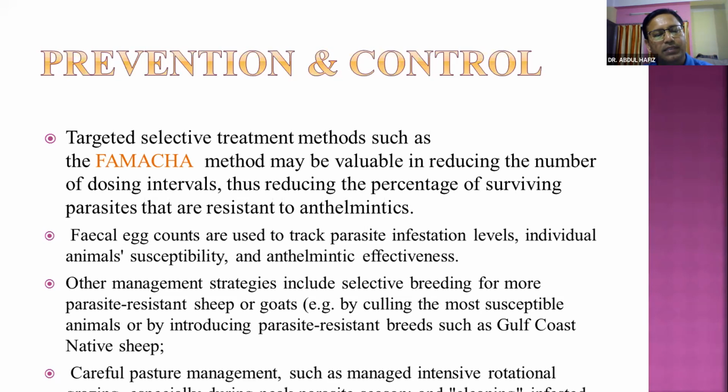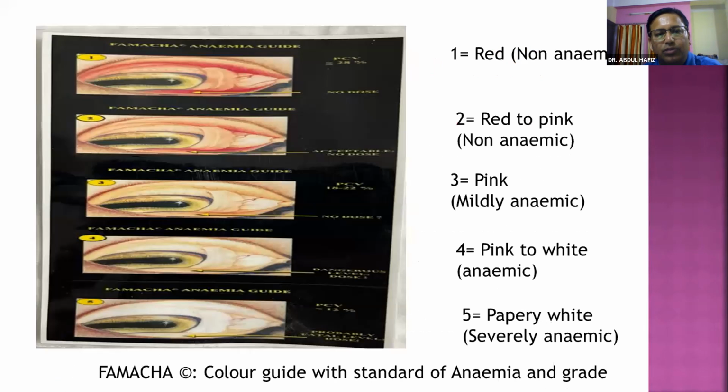The South African scientist invented this card to avoid the injurious use of anthelmintics, because by comparing the color of the mucous membrane, we have to use the anthelmintics side by side with the fecal egg count also.